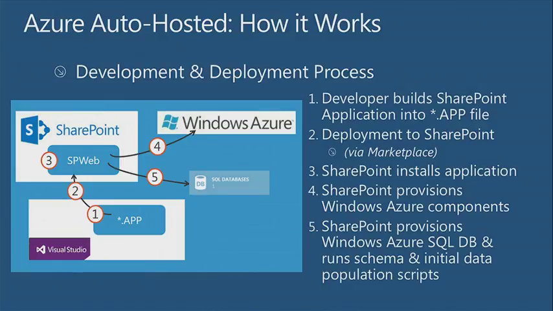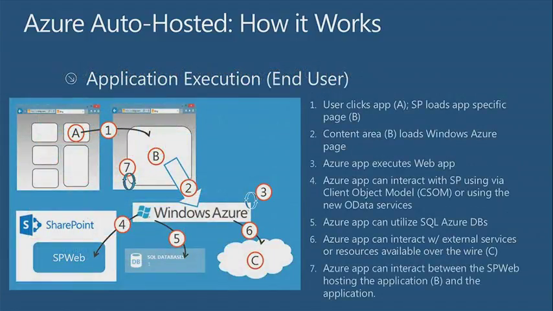So how did we get this far? We've built our app, we've then right-clicked, published it, turned it into our app file, and installed it into SharePoint or the marketplace. SharePoint then has installed the application and provisioned all the Azure components for us. As an end user, I then initiate that by clicking on it. This takes me to my auto-provisioned Azure instance.